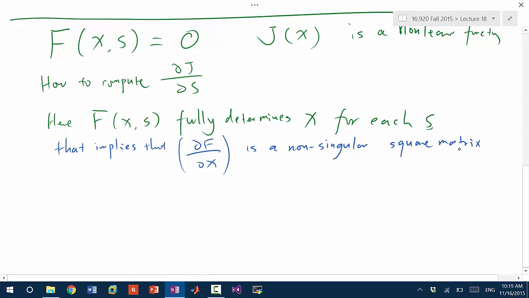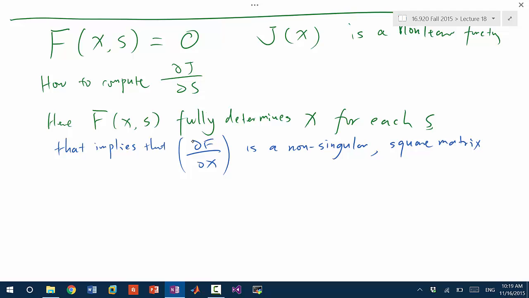The fact that it is a square matrix means that F has as many entries as there are axes, right? And it has to be non-singular. If it's singular, then X is not well determined by this.